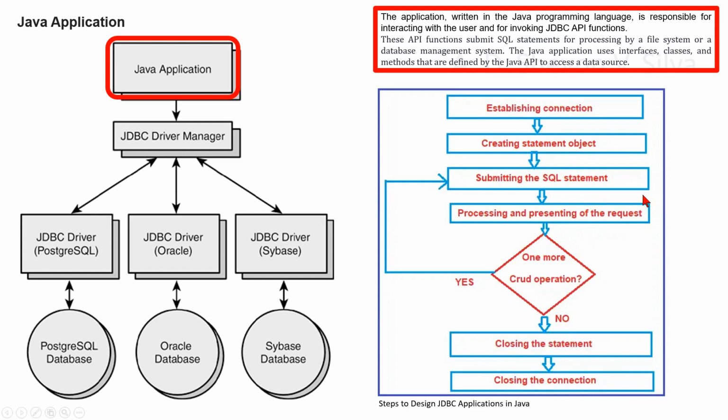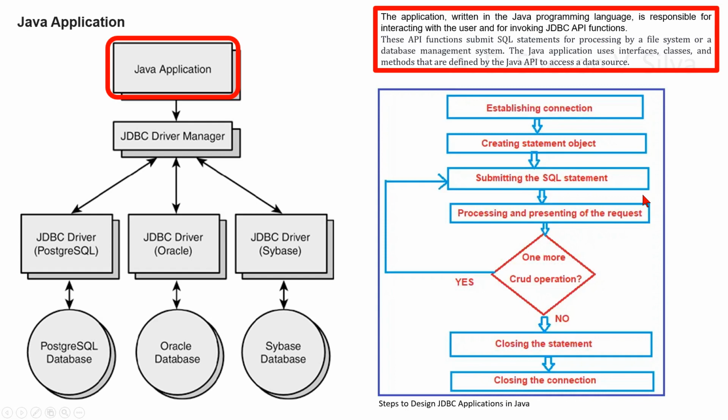Submitting the SQL statement. Now it is time to process the result by executing the query. The java.sql.Statement object has two important methods to submit SQL statements to the DBMS. 1, executeUpdate(String DML). The executeUpdate method of the Statement interface is used to execute queries for updating or inserting.